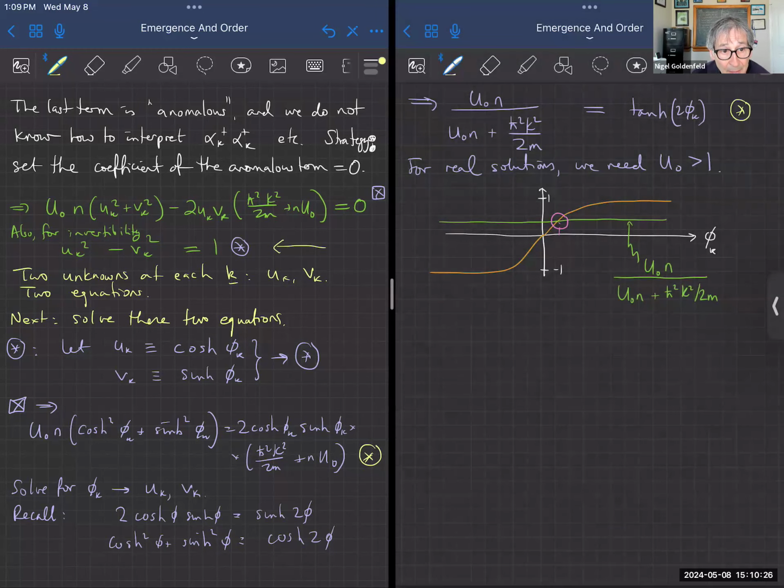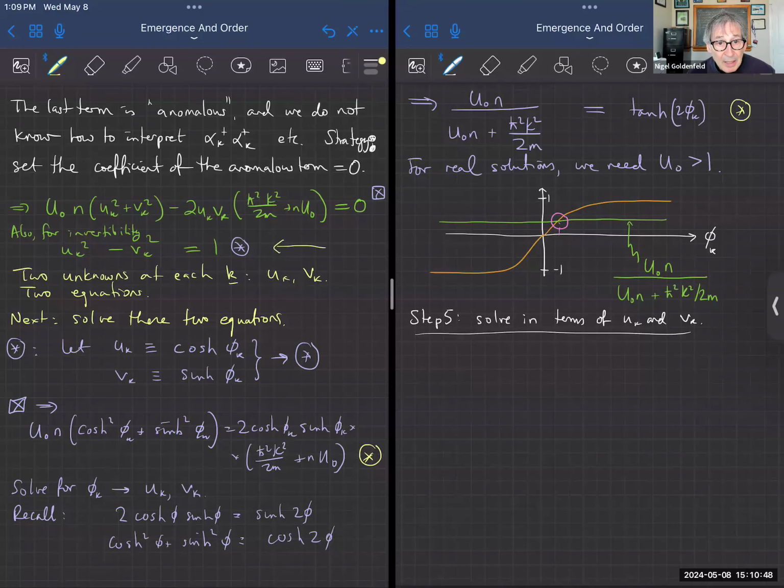So now we want to actually solve these equations in U and V. Here is my sort of quick trick to do this. I know what tanh of 2 phi is.